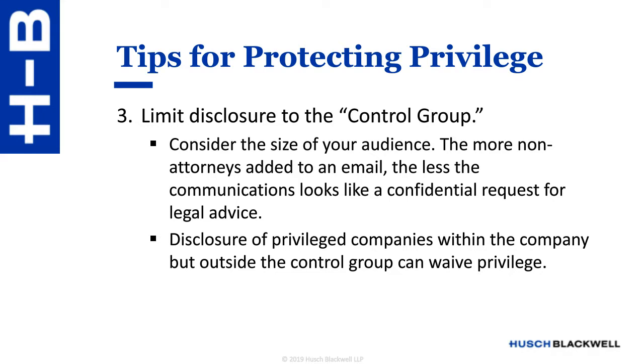And when you forward a privileged communication to lower-level employees who are outside of that group, that risks a waiver of the privilege, unless those lower-level employees have a need to know that information. That sort of need to know would arise if the lower-level employee is involved in implementing or following the legal advice, and they need to be aware or know of the information in order to do that.